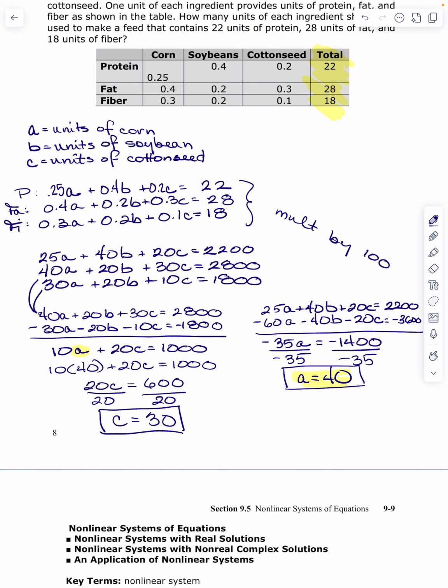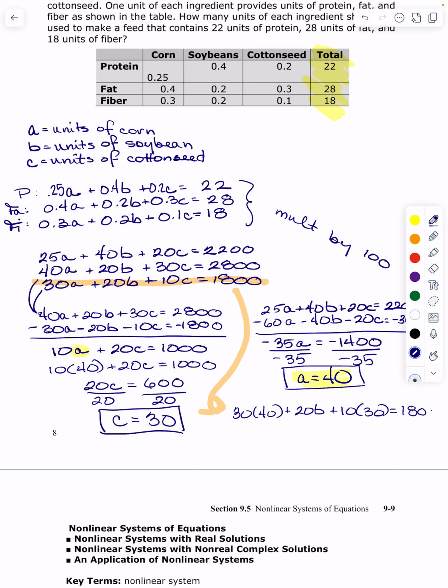And I'm going to go ahead and plug both of these into the very bottom equation to find B. So I've got 30 times A, which is 40, plus 20 times B, which we don't know, plus 10 times C, which is 30. And that's going to give us 1,800.